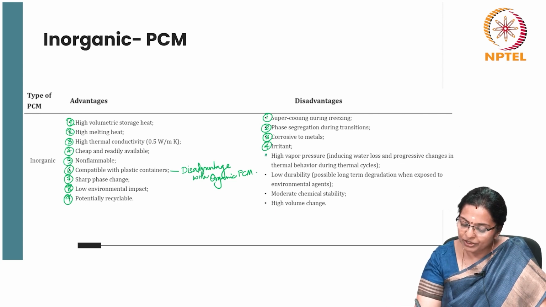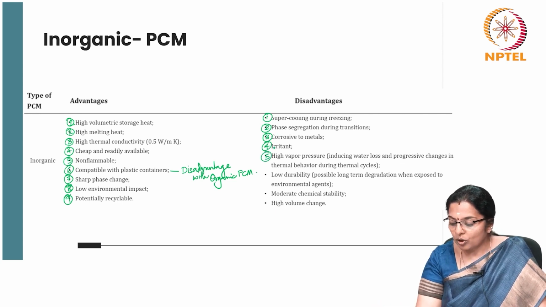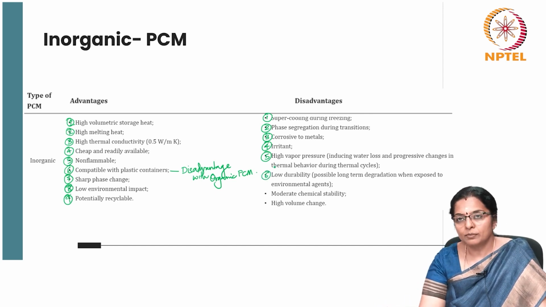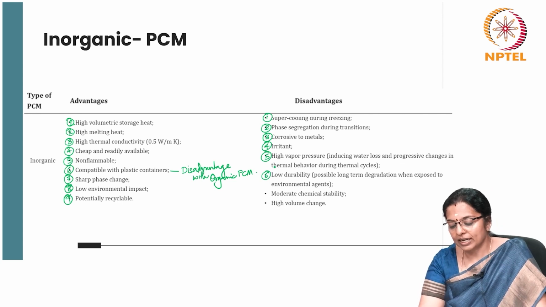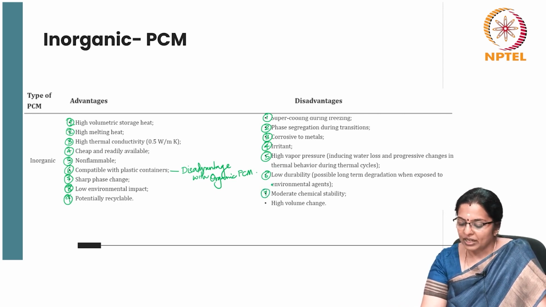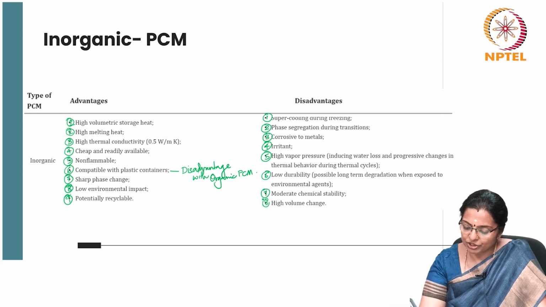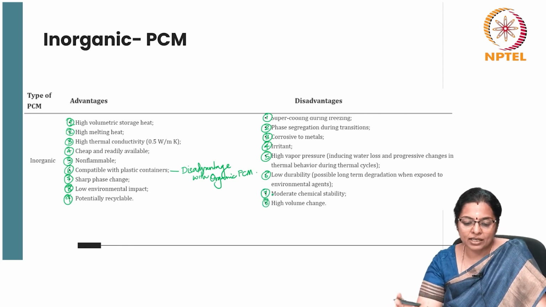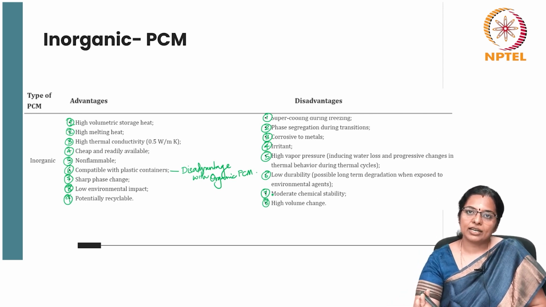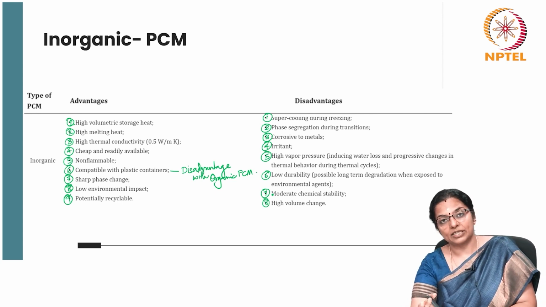They have high vapor pressure, inducing water loss and progressive changes in thermal behavior during thermal cycles. They have low durability, that is possible long-term degradation when exposed to environmental agents. They are moderately chemically stable and they undergo high volume change. So, inorganic phase change materials have certain disadvantages which are actually advantages when we use organic phase change materials.